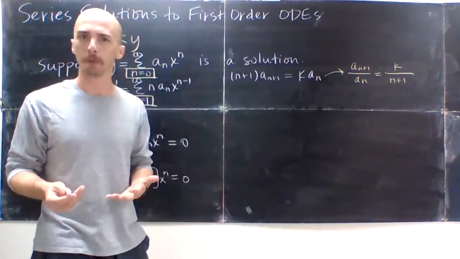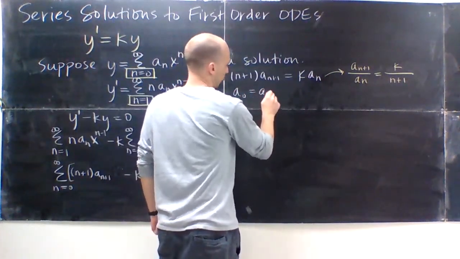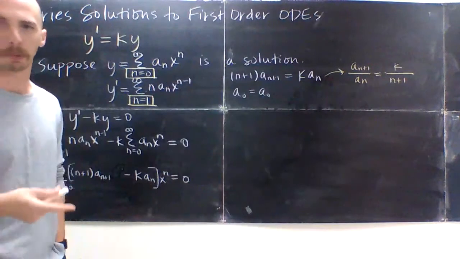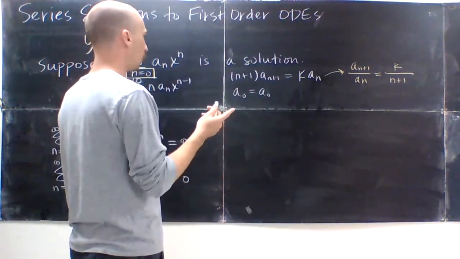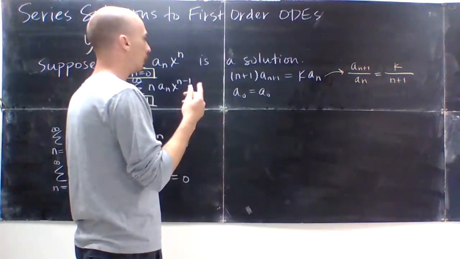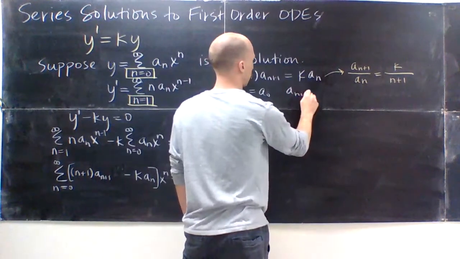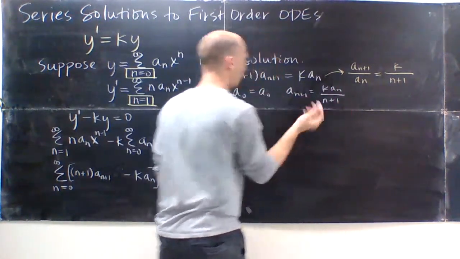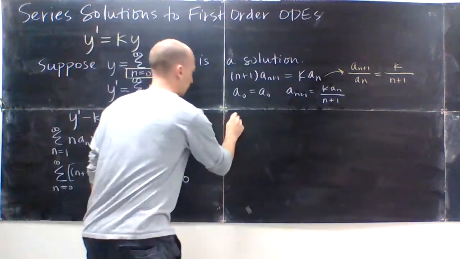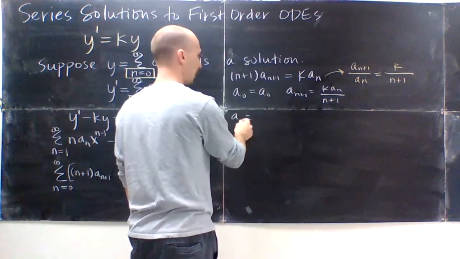I'm not going to have a formula for a0, so it's just going to be a constant, probably like our c1. Then I've also got a1, and I've got a formula for that. Maybe I'll say a n plus 1 equals k a n divided by n plus 1.